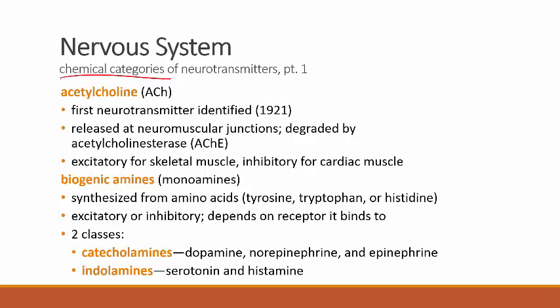So acetylcholine is one of the chemical categories, and there's only one here. A lot of the nerve gases that are used in warfare and those organophosphate insecticides, like we talked about in class yesterday, achieve their effect by inhibiting acetylcholinesterase, and that ensures that acetylcholine remains active in the synapse.